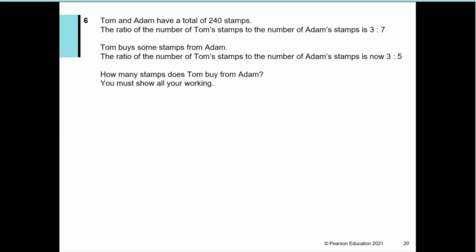Okay, so we identify our names. So we've got Tom and Adam, and they have a total of 240 stamps. The ratio to begin with is 3 to 7. So I'm going to draw my starting ratio as 3 to 7.